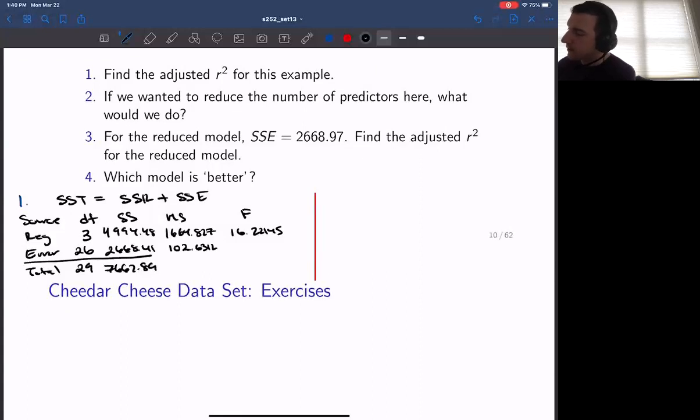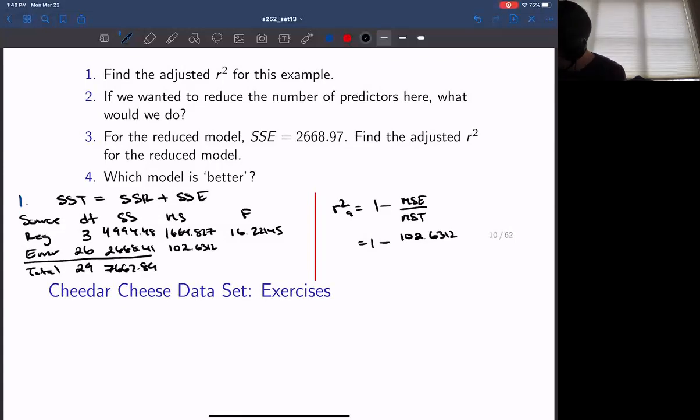All right. So we wanted to compute the adjusted R squared. So we have adjusted R squared is 1 minus MSE over MST. That's 1 minus 102.6312 divided by MST.